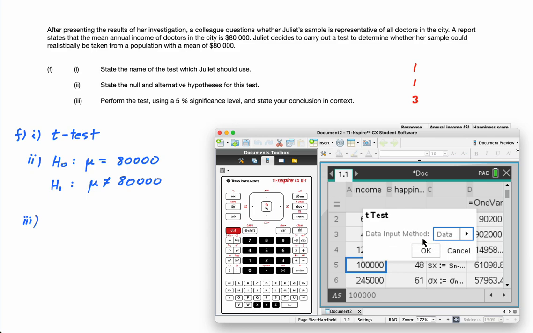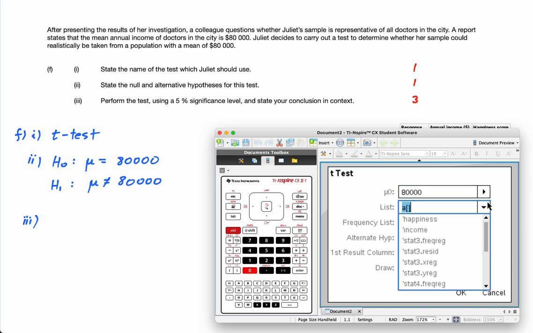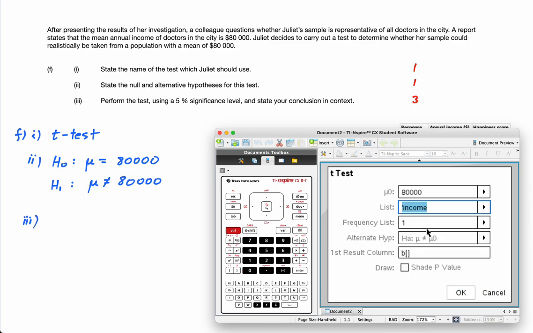The data input method is data, because I've put in the data here. My mu0 is 80,000. That's the mean of the H0. The list is income. The alternative hypothesis is that it's not equal to this. That is good. And then I'll put it into B.